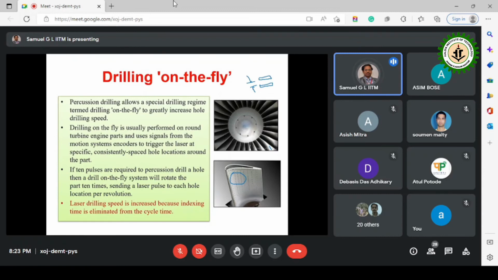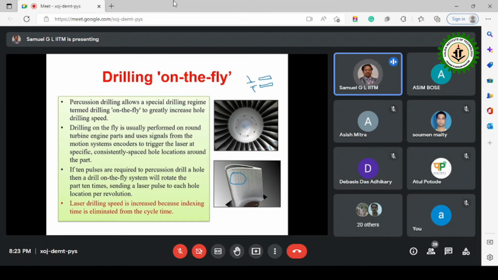Then, by the time the second pulse comes, instead of wasting time, you move the turbine to this position, so the second pulse falls here. Then the third pulse, 4. Thus the turbine blade is rotating at high speed and the pulses are falling, and several holes can be drilled in 1 second in several of the blades. That's how they produce hundreds of holes.